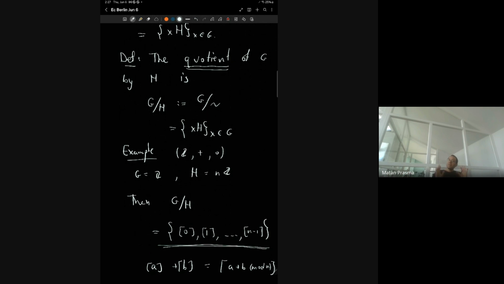Okay? And in fact, this is generally true if H is abelian.